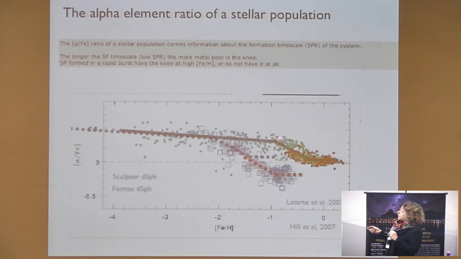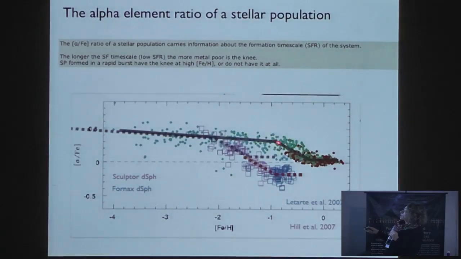So we have a plot that is more or less flat, not really too flat, but then at some point we have a knee that is at, I don't know, minus 0.8 perhaps, and then it starts going down. Instead, if we go to dwarf spheroidals of the local group, much smaller galaxies that had a slower star formation rate, we have these points. So in this plot, we have the knee at minus 2, so much more metal poor, and then all the stars there. It means that those galaxies formed stars very slowly.